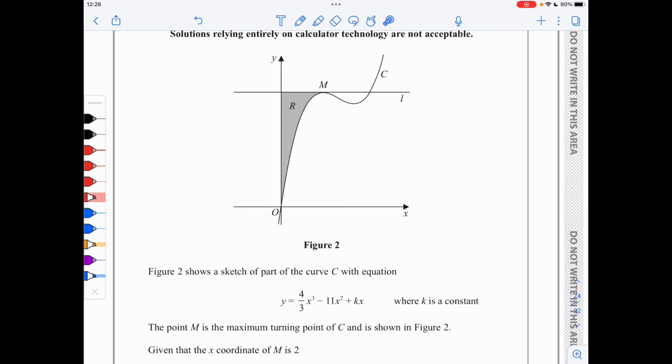So the idea is for me to actually find the equation of the straight line. Well, I know that the x value of M is 2, so I will substitute in the expression for y to get the y value here, and then I will proceed with algebraic integration.